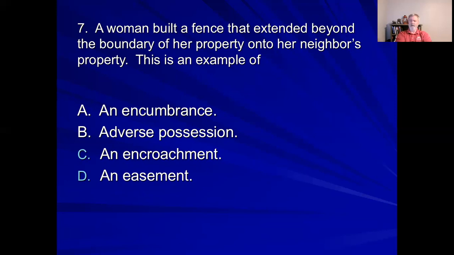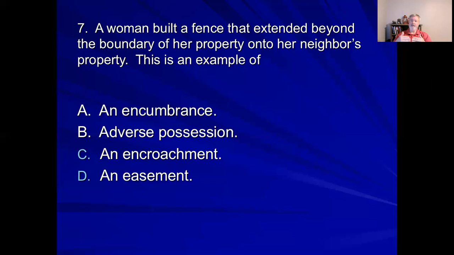Well, an encumbrance. Remember, an encumbrance is anything that would render your property unmarketable. Now, to be clear, y'all, it says a woman built a fence, maybe thought the property line was in one spot, so they built the fence according to where they thought the property line was, and now they find the property line's not where they thought it was.